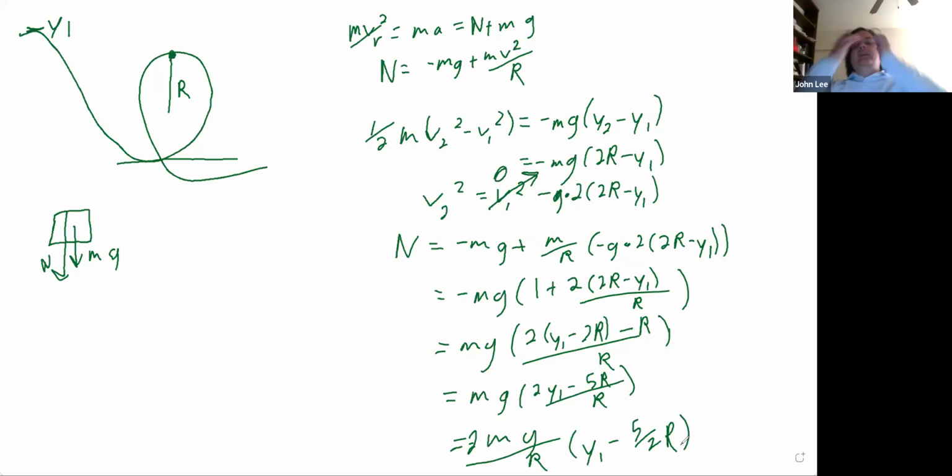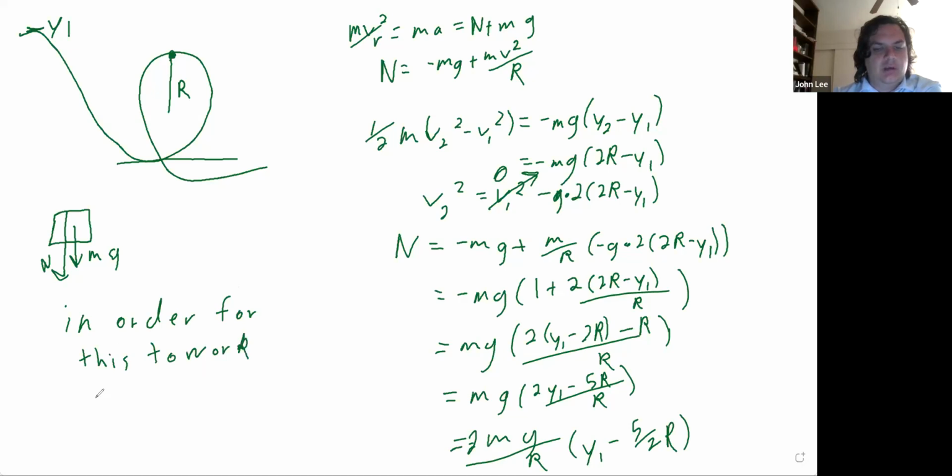So basically, if you want this equation to work, if you want there to be any sort of normal force, which can only point down, then this equation has to be greater than 0. So y1, in order for this to work, y1 minus 5/2 r must be greater than 0.